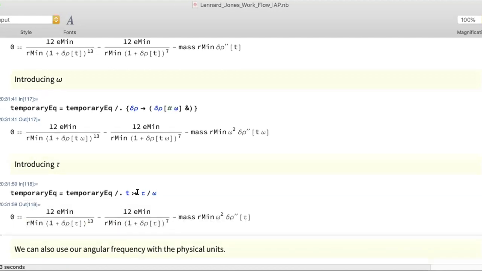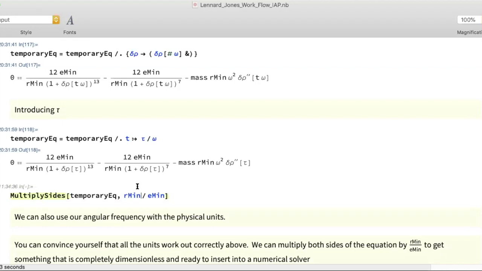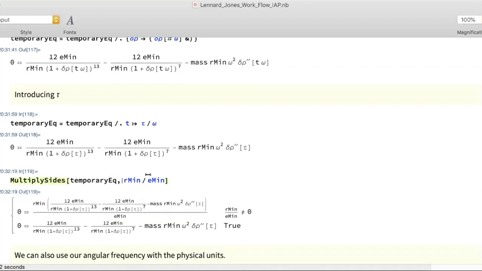And so I have this equation sitting here. And now this equation is fully non-dimensionalized. Okay, so what I'm going to do is multiply both sides of my equation by R min over E min. So what I've done here is taken my equation, 0 equals, and multiplied both sides by this.